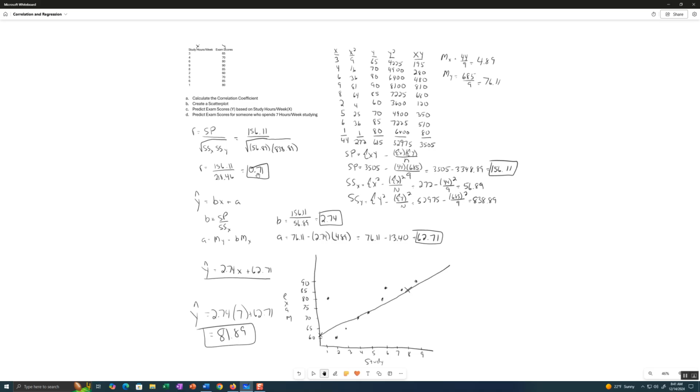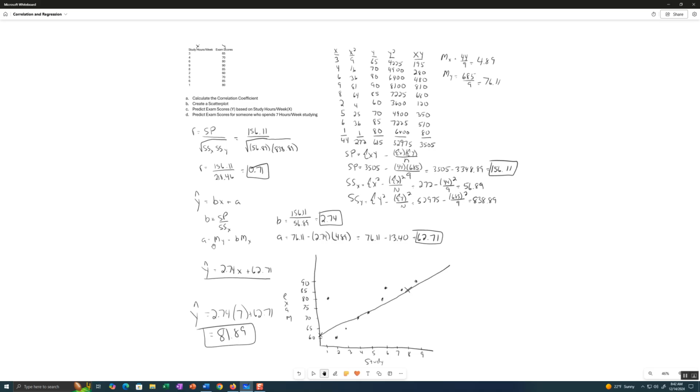Very strong, actually. To get the regression, y prime here is bx plus a. Find the slope: SP over sum of squares x, so it's 156.11 over 56.89. That gives you 2.74 as a slope. It's a positive slope.